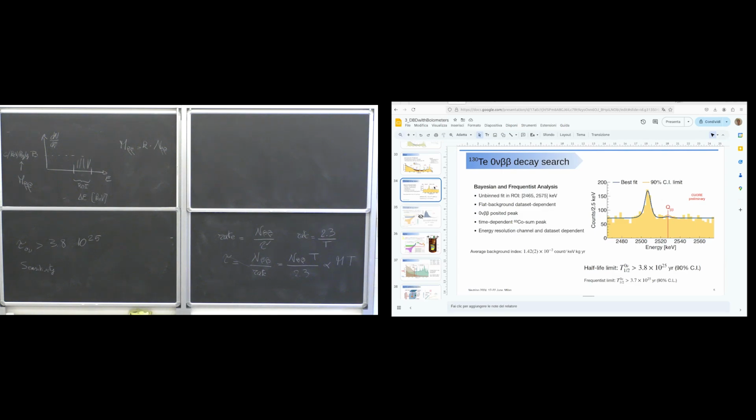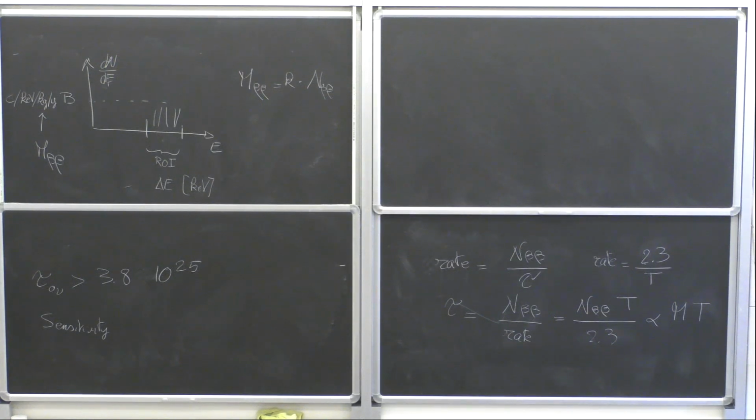So instead of thinking how large of a peak do I need to claim discovery... No, that is the difference between the sensitivity and the discovery potential. This is true, but it is really a technical detail that can be important, especially when you have zero background, but it's not what I want to discuss.